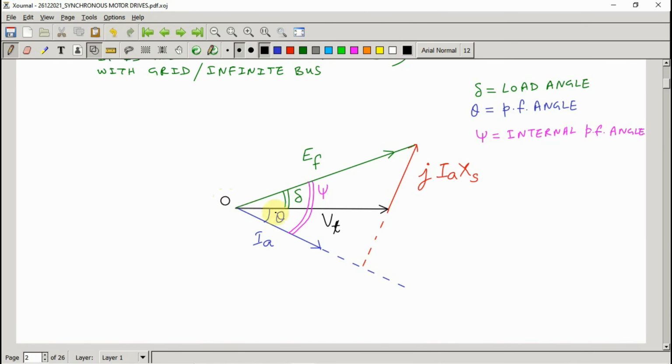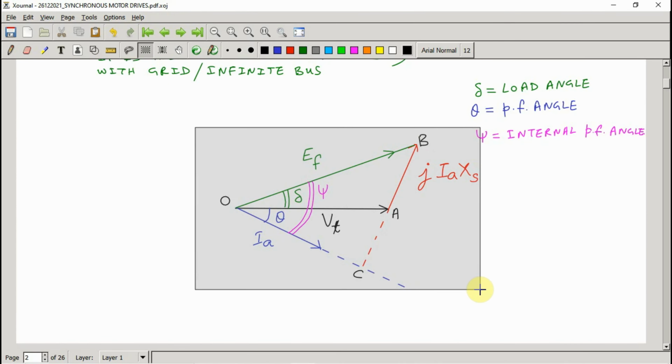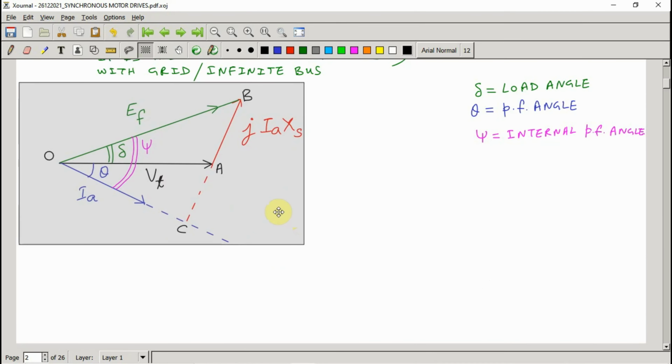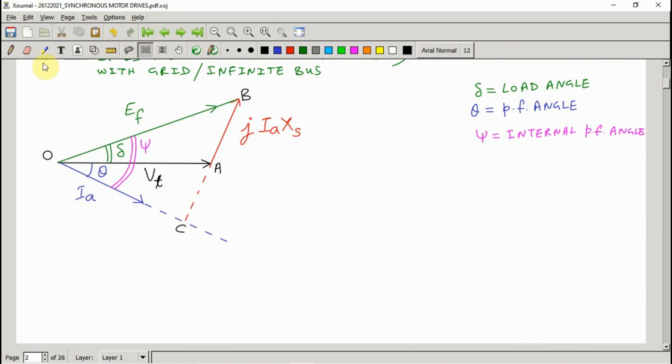Let us say this is point O, this is point A, this is point B, this is point C. Now we will write some equations which will be useful from the point of view of solving the numerical problem.